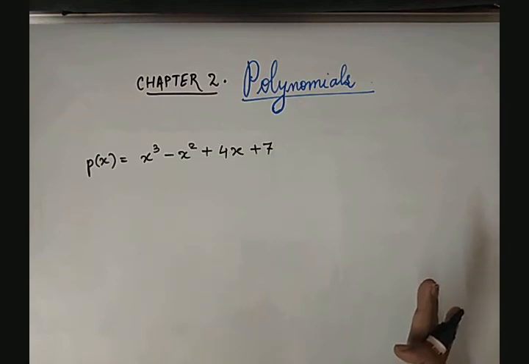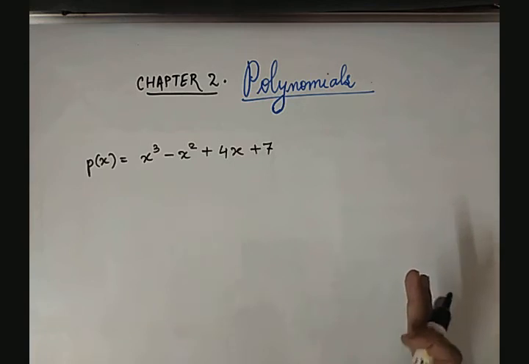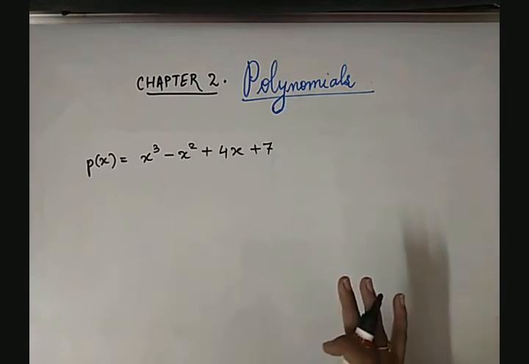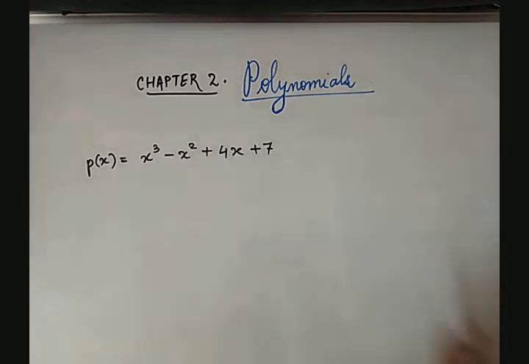A polynomial is an algebraic expression whose exponent is always a whole number. And you have also solved a worksheet, identifying which of the given expressions is a polynomial and which one is not. So you know now what a polynomial is.